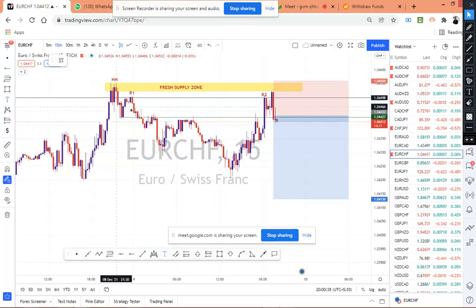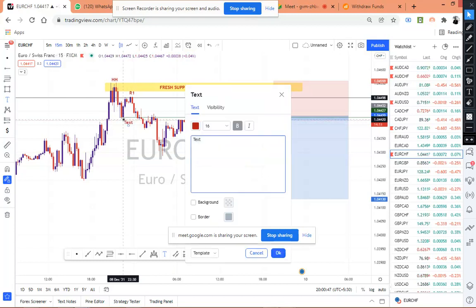This is what I call the flip zone, from support to resistance. Or in another language, you call it the change of polarity. So anyone you call it.